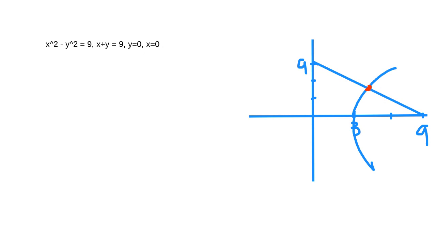So we set two functions equal to each other. Because both equal 9, x squared minus y squared equals x plus y.